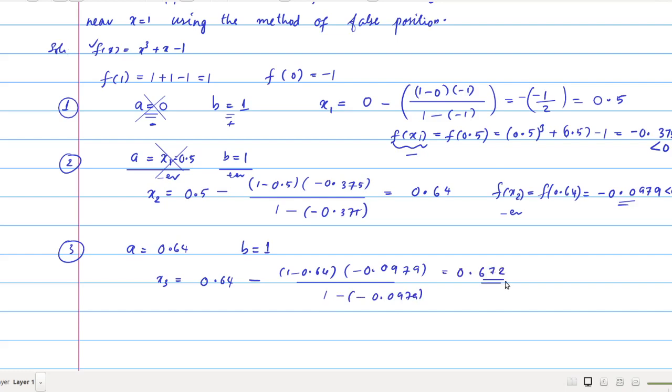Hence the root of f of x equal to 0 near 1 is 0.672, or you can continue this process to whatever correctness of decimal places we need. So I stop here with the solution of f of x equal to 0: the root near 1 is 0.672.